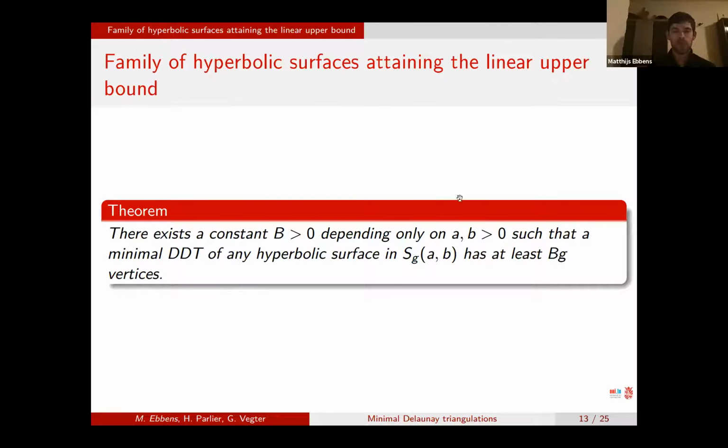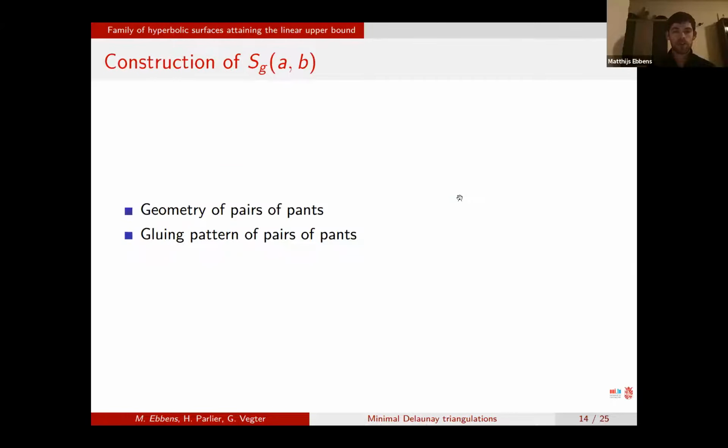So what are these surfaces? As I mentioned, you can decompose a surface into pairs of pants, but you can also do the reverse. You can start with pairs of pants, glue them together and get a surface. So a way to describe or to construct hyperbolic surfaces is to describe how the pairs of pants look and how you glue them together.